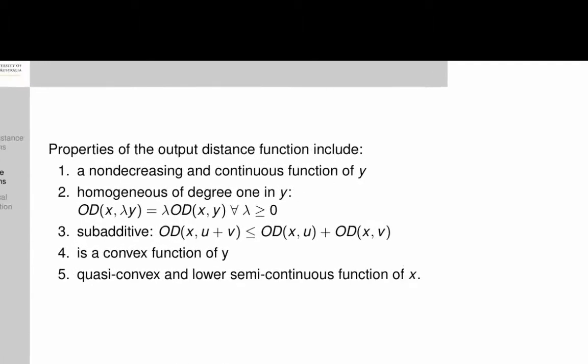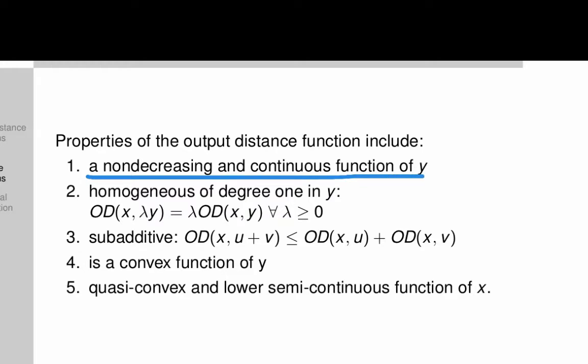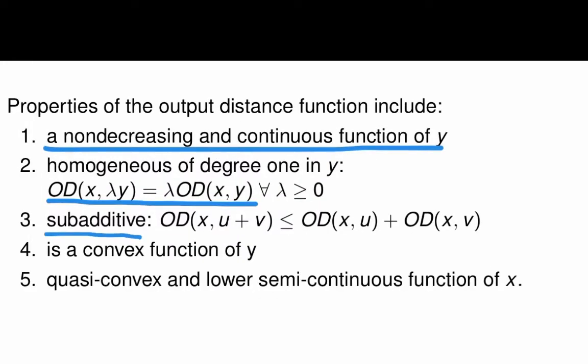And thinking of the properties of the output distance function, it's a non-decreasing and continuous function of output, and it's also homogeneous of degree 1 in outputs. It's sub-additive. The input distance function was super-additive. This one is sub-additive, which means if we look at two output vectors, u and v, and a given input vector x, the output distance function at the sum of those output vectors is smaller than the output distance function at u plus the output distance function at v added up.